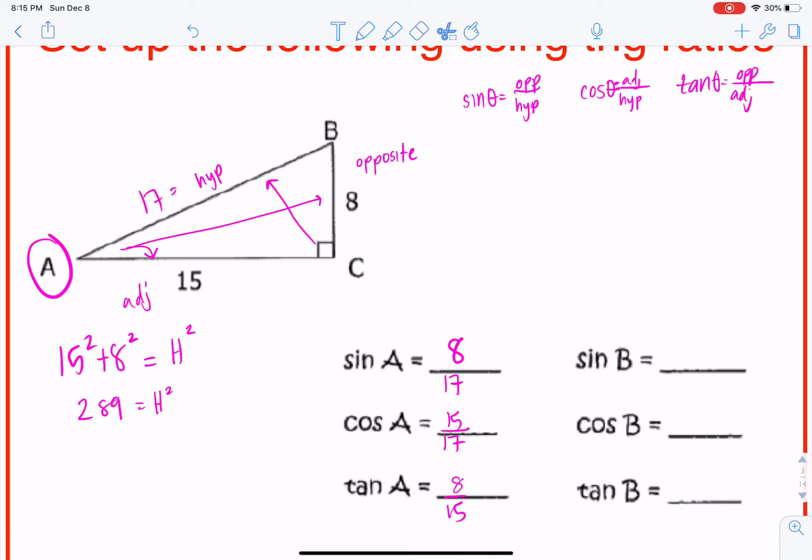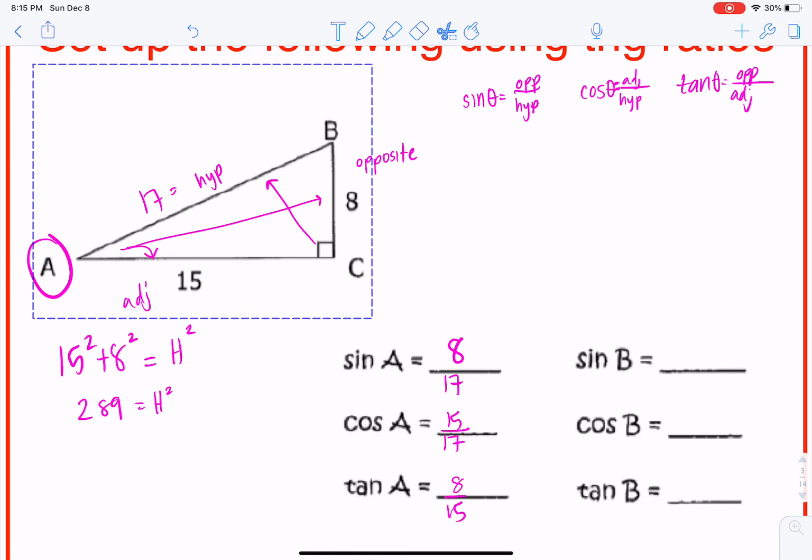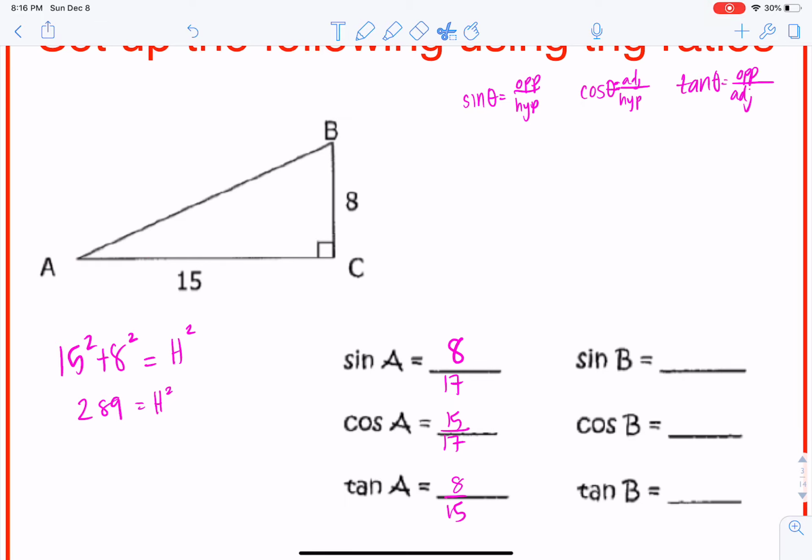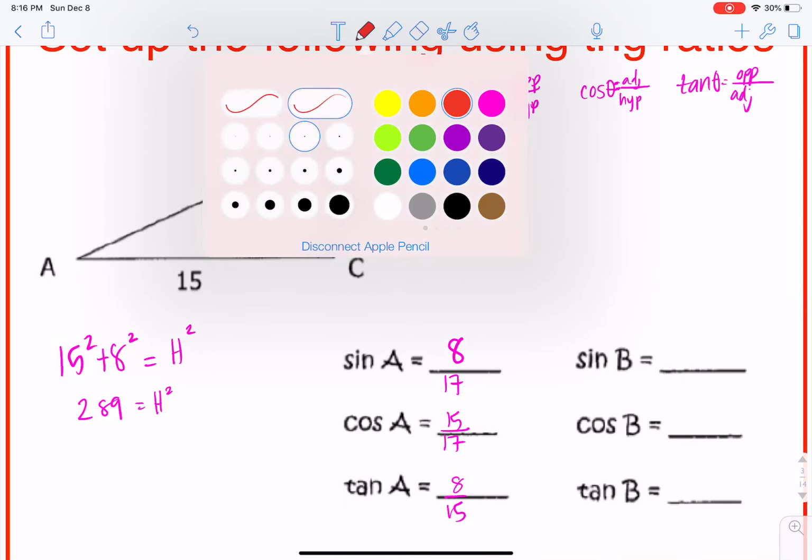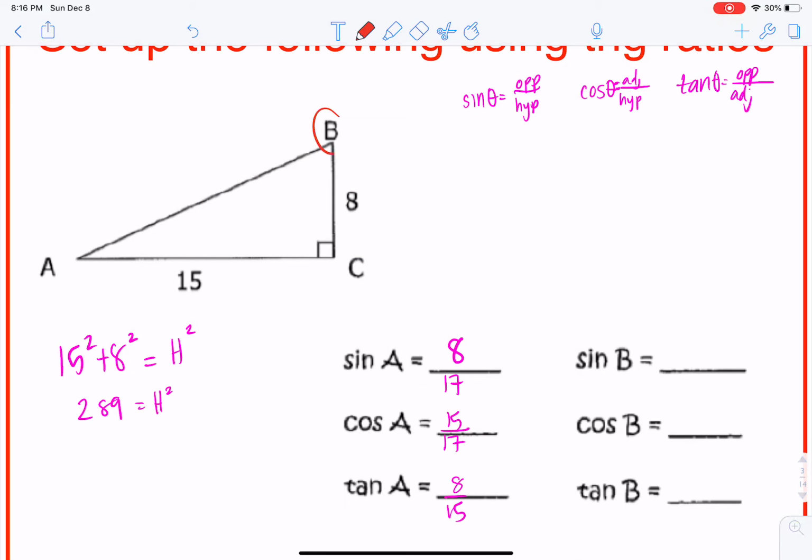So let's go ahead. We can erase this and start over because now we're talking about angle B. Now this becomes my opposite side, this becomes my adjacent side, and 17 remains as my hypotenuse.